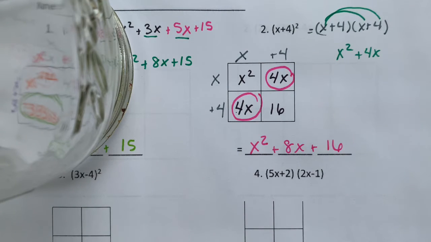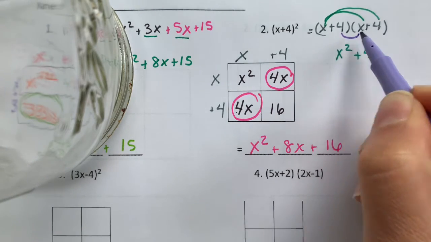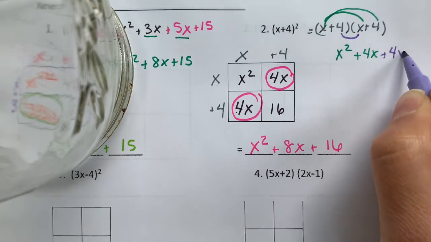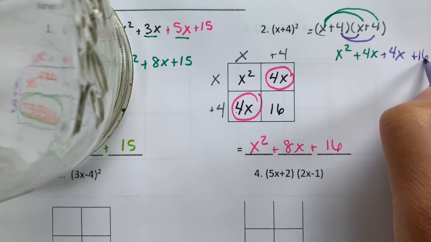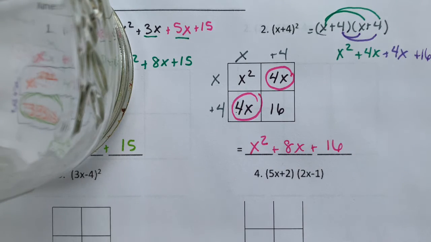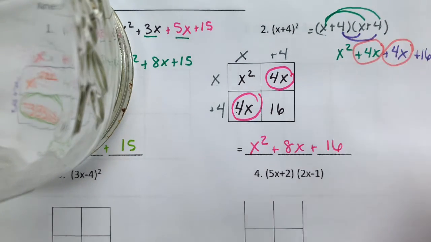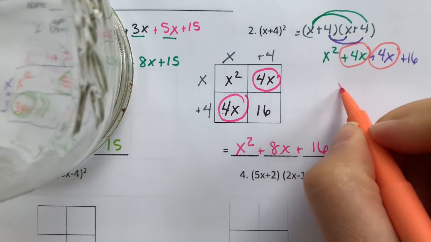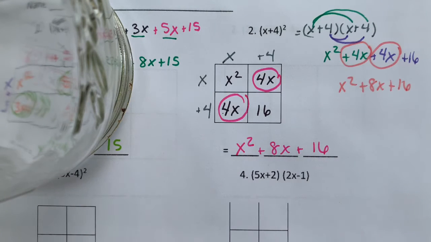Then I have to take the second thing in my term, 4 times x is a 4x, and 4 times 4 is 16. I have to add anything that's exactly the same, meaning my x's, so that I end up with x squared plus 8x plus 16. Both ways are acceptable. It's whichever way you prefer to look at it.